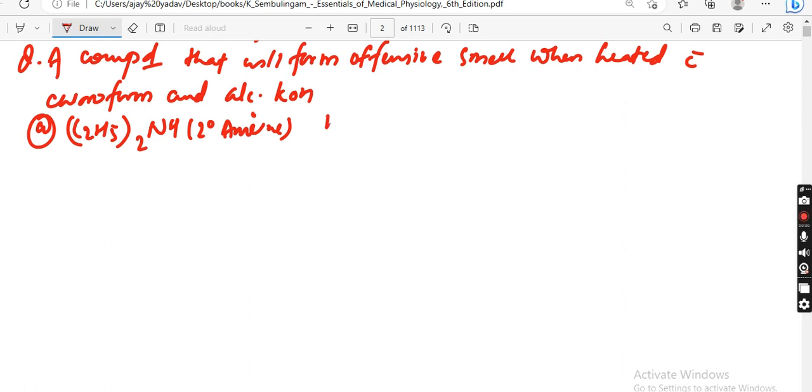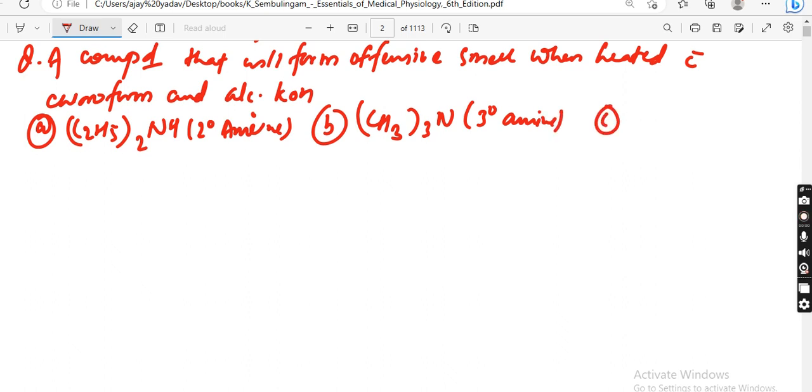Now option B is (CH3)3N. This is your tertiary amine. Option C, that is C2H5NH2. This is your primary amine. And option D, that is CH3CN. This is nothing.